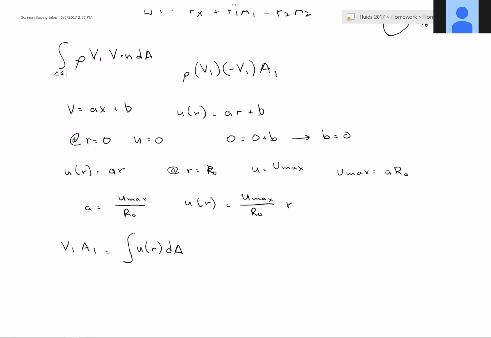So what we're going to have to do is take this U of R, and what are the boundaries going to be for this integral? 0 to R0, and I think you mean 1 as in 1 foot.